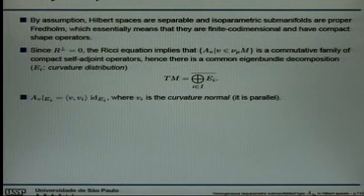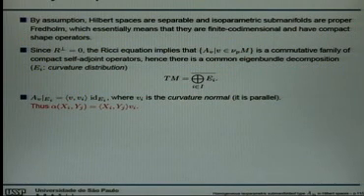We can represent it by a normal vector field, V_I, using the Hilbert inner product. This is called the curvature normal, and it's easy to check it's parallel in the normal connection. In particular, you can rewrite this equation like this. If you take vectors in curvature distributions E_I, E_J, alpha is given by the inner product.